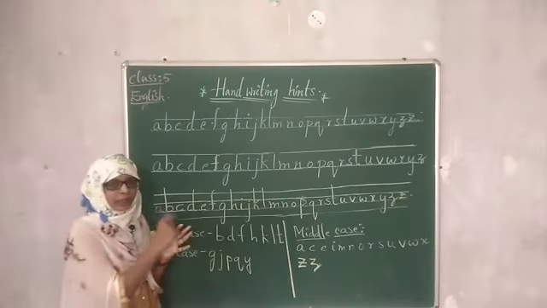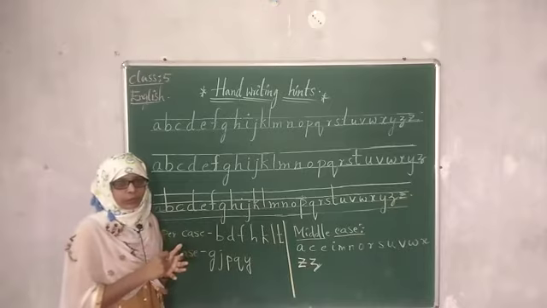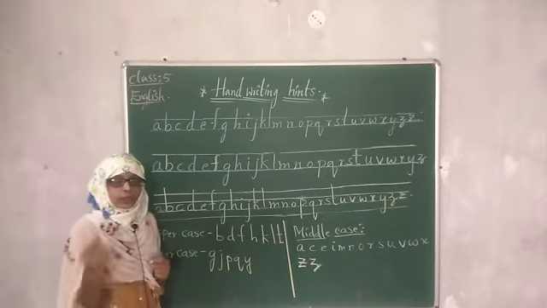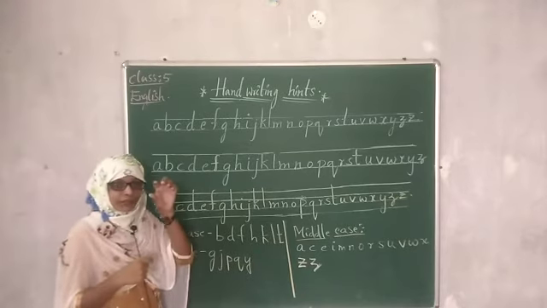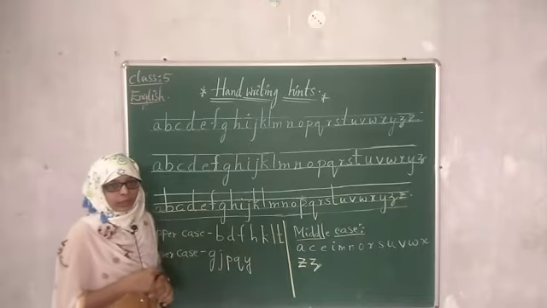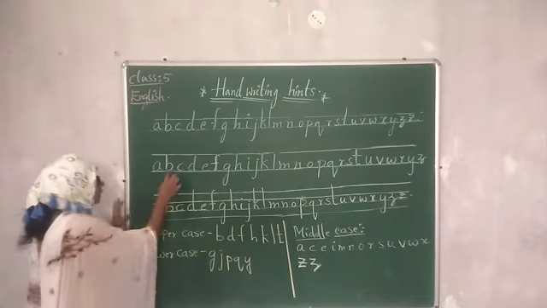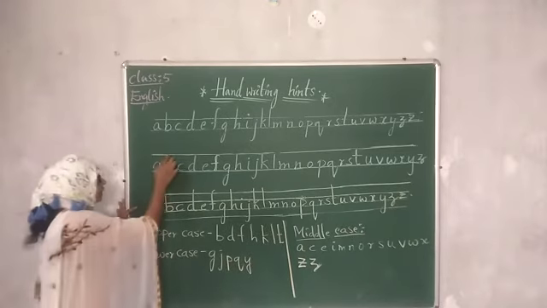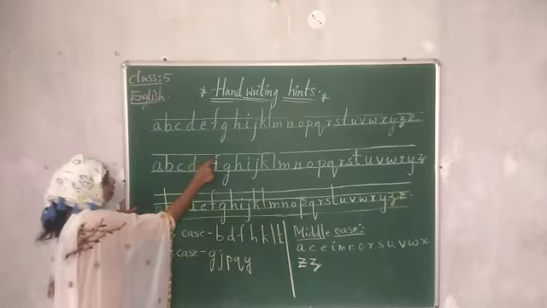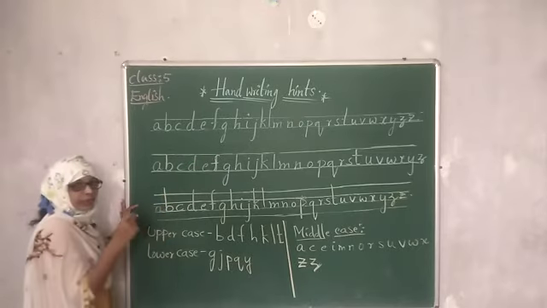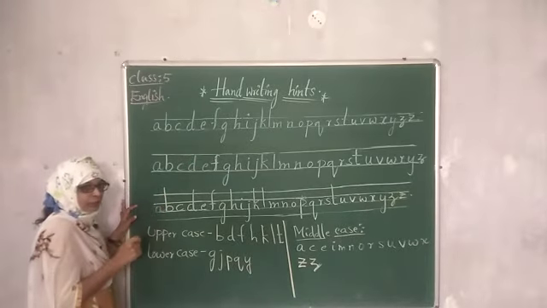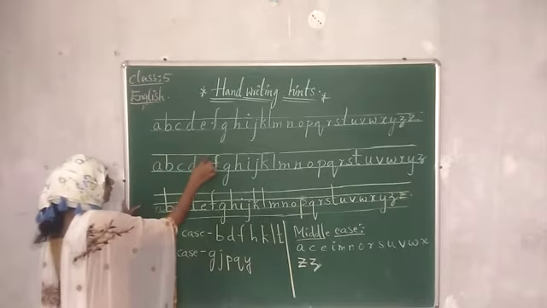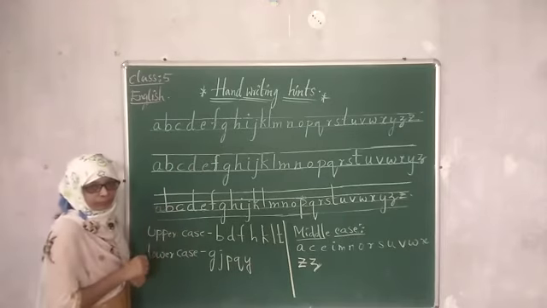While writing in a single rule book, you will have enough space. It looks lengthy if you touch the line. If you are touching the upper line while writing uppercase letters in the single rule book, it looks awkward.